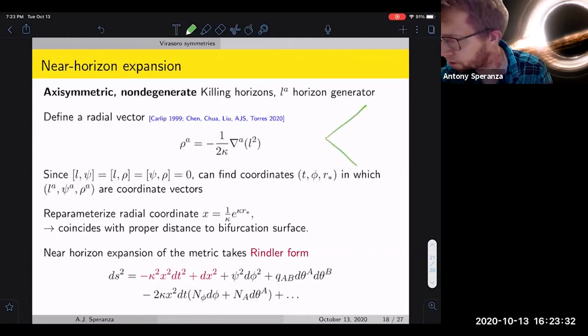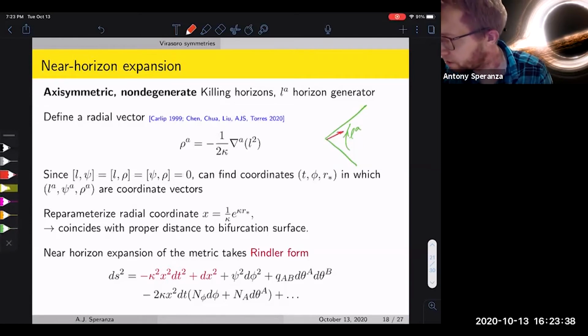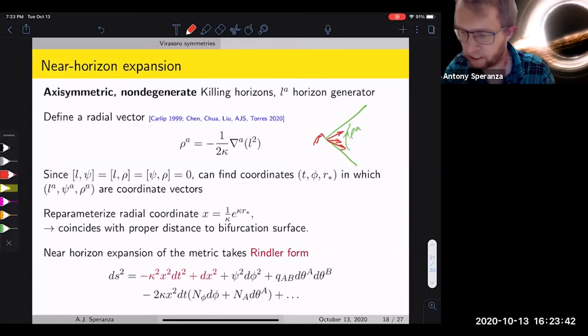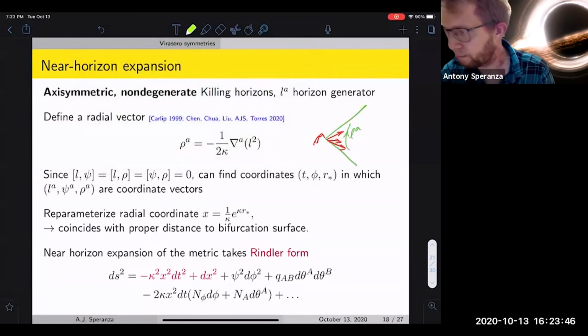So just to draw that, L is kind of like this, and rho would be something like this, just to give you a picture of what that looks like. Okay.